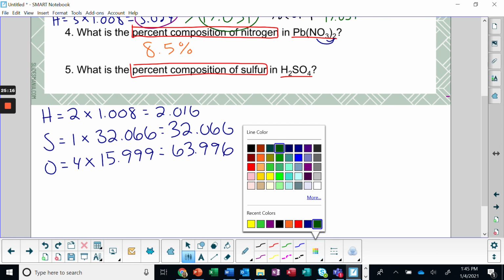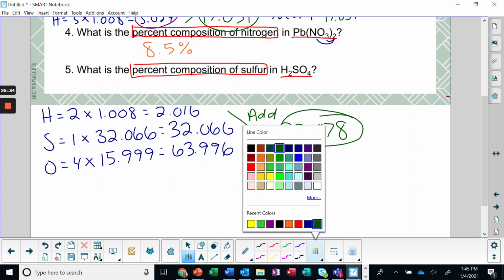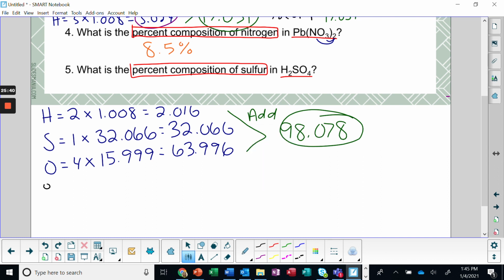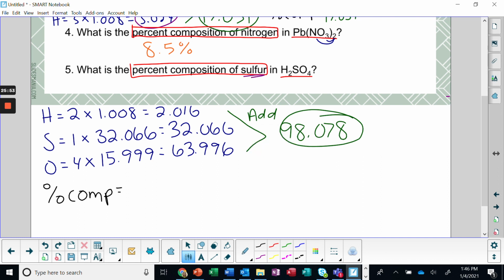Here we are. Now, add all these guys together to get the mass of the entire compound. And we know we're going to need that one. Now go back in, and we're going to do our equation. So percent composition is equal to the mass of the element being asked about, which is sulfur.